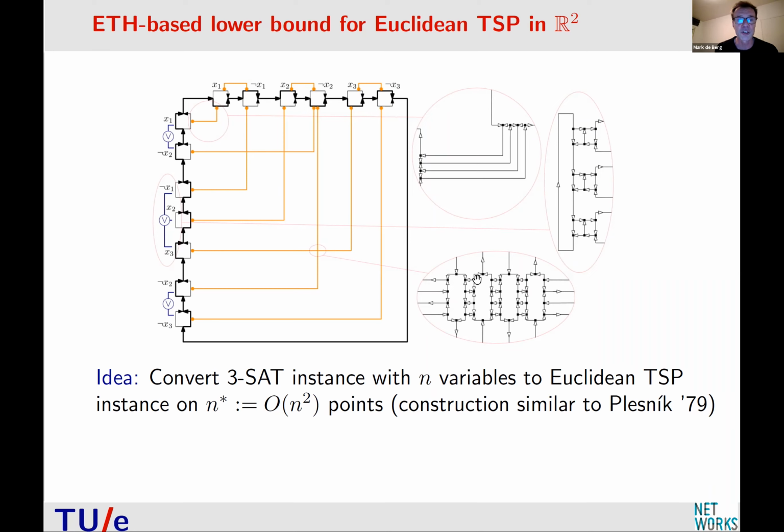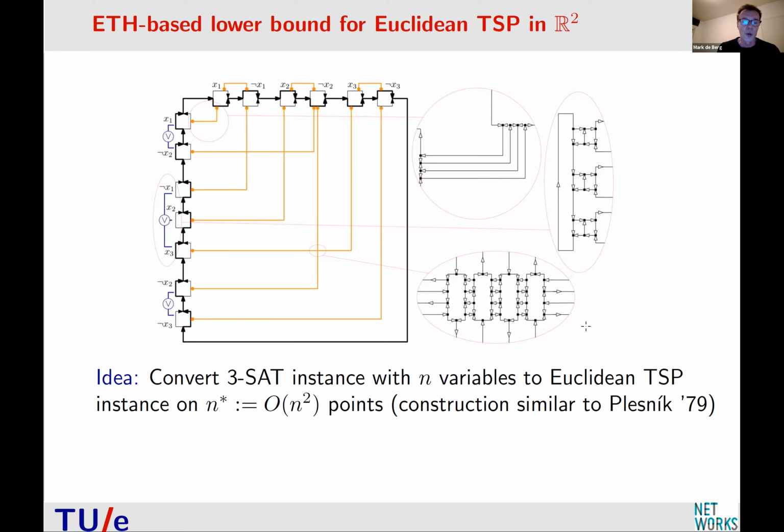So what happens is the following. Here you see a construction, a reduction that takes a 3-SAT instance and translates it to a Euclidean TSP version. At the top you see variable gadgets, here you see some clause gadgets, and then you see these wires, and when two wires cross, there's a crossing gadget and so on.